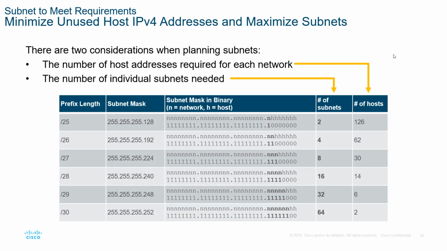Here we have figuring out how many addresses we need, how many subnets we need. If we're dealing with two private address networks, we're going to need two different subnets. But we also need to understand how many devices per subnet.